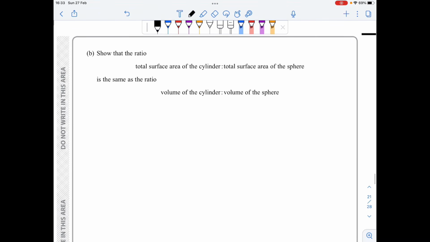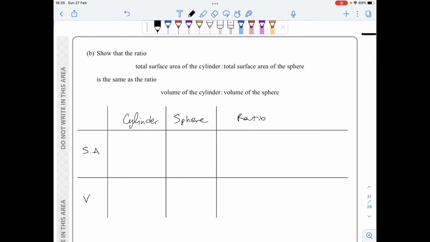For part B, I will need the surface area and the volume for each of those shapes. The surface area of the cylinder is 6 pi r squared. We found this in part A. Now, the surface area of the sphere is 4 pi r squared.